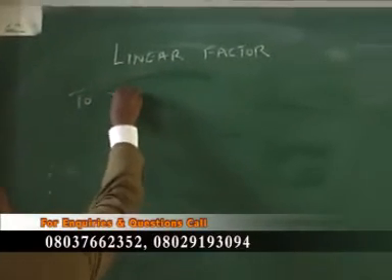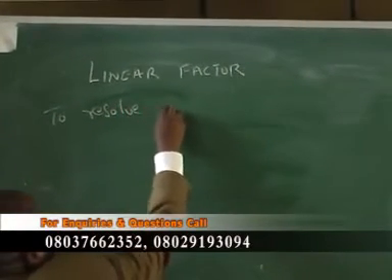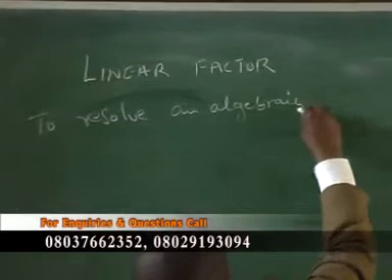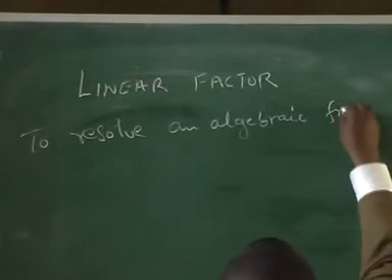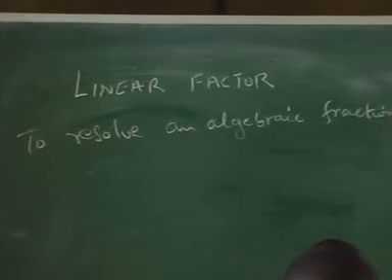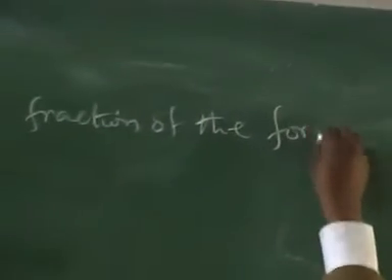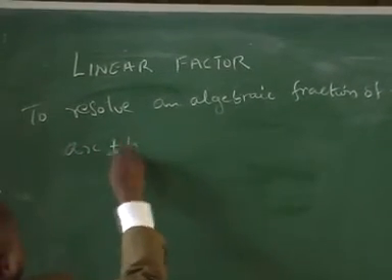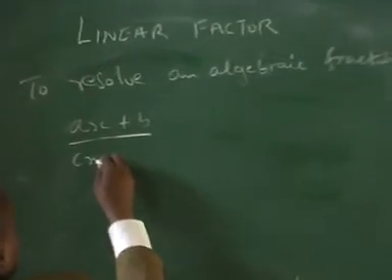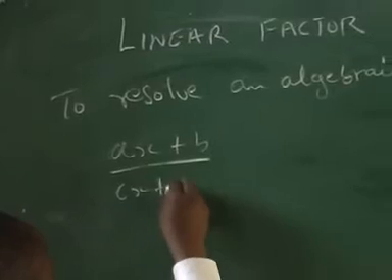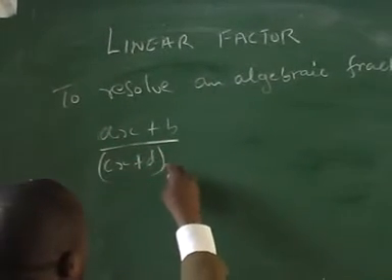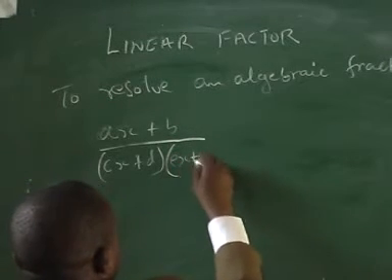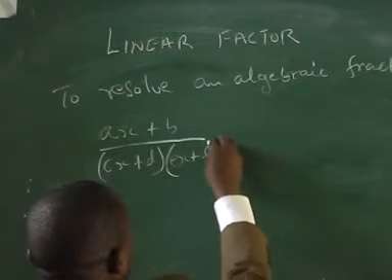Now, to resolve an algebraic fraction of the form ax plus b all over cx plus d, then we have ax plus b all over cx plus d times ex plus f.